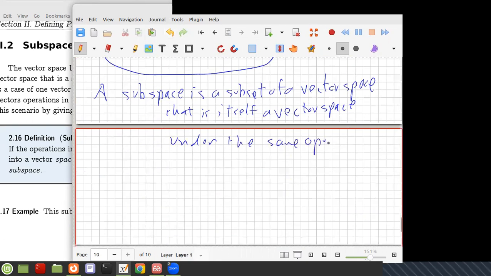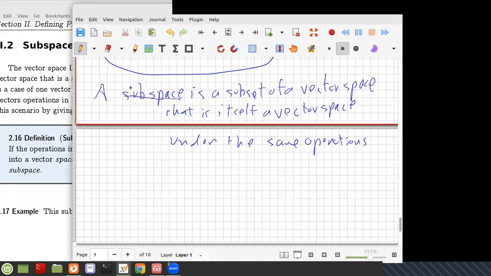Under the same operations that made the big space. You have to use the same operations for the subset and the enclosing space. You can't change the definition. But that's what a subspace is. It's a subspace of a vector space that is itself a vector space.